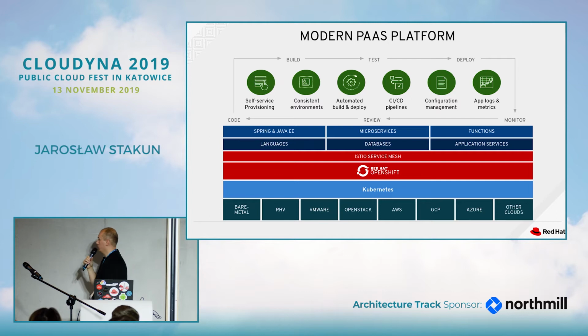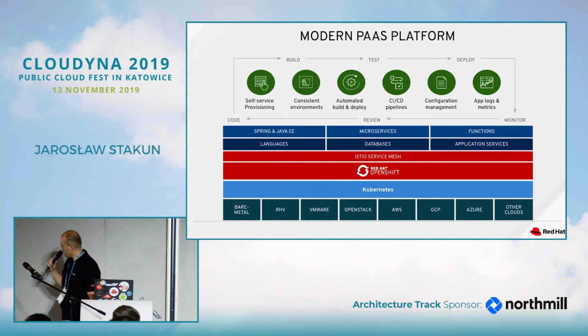So we have a containerized application. We need a platform to run our application. So of course, in case of Red Hat, as I mentioned in the beginning, this is the OpenShift platform, which is based on Kubernetes. Basically, it provides on top of Kubernetes all the tools to build, deploy, and run your applications.